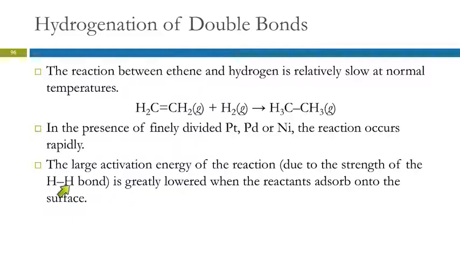So what's happening here? The large activation energy of the reaction is due to the strength of the hydrogen-hydrogen bond in that hydrogen molecule. When the hydrogen molecule adsorbs onto this solid surface, it puts strain on the bond between the two hydrogen atoms, making it easier to break.